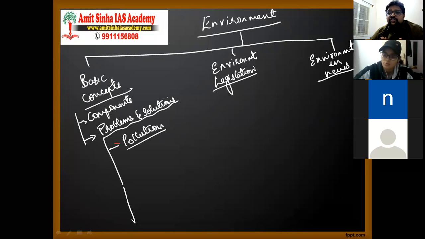Light pollution and visual pollution are new concepts which have been added to the pollution topic. A lot of research is yet to be done, but there are already literatures on that.